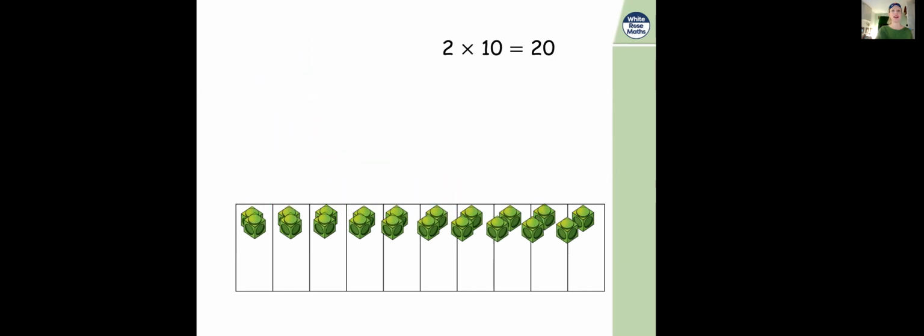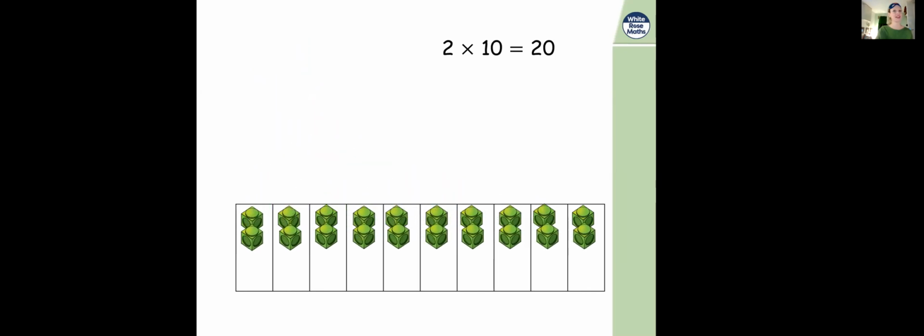Here we go. 20 cubes that we started with are shared equally among those 10 groups. 20 cubes shared equally between the 10 groups leaves us with 2 cubes in each group. 1, 2. The number sentence for that could be 20 divided by 10 equals 2.